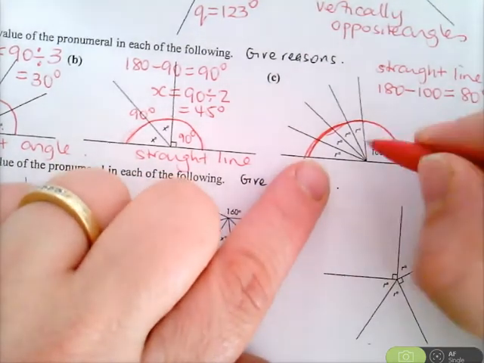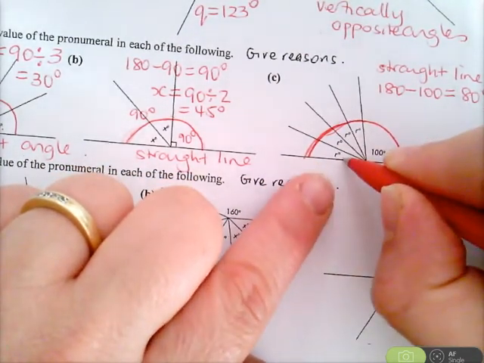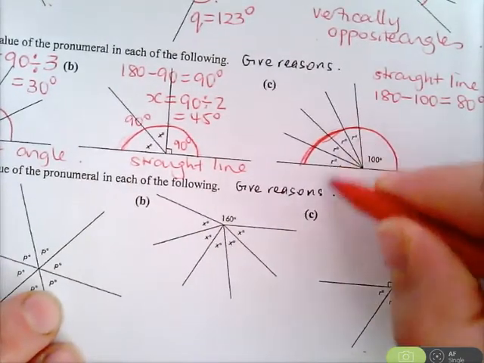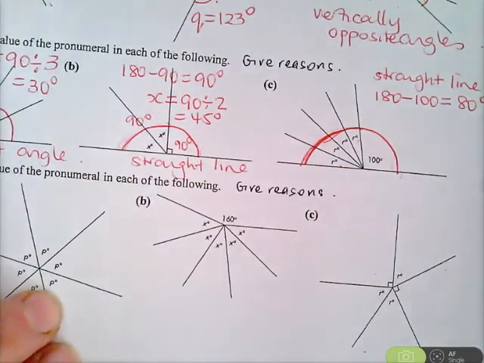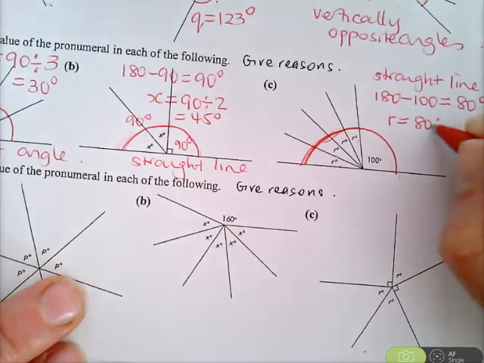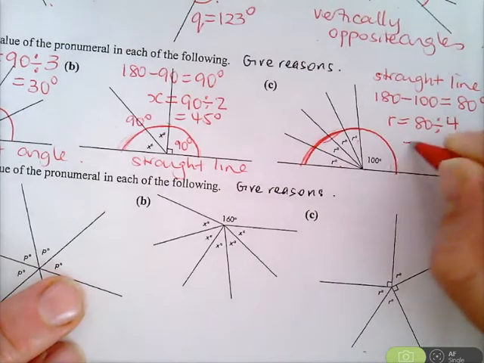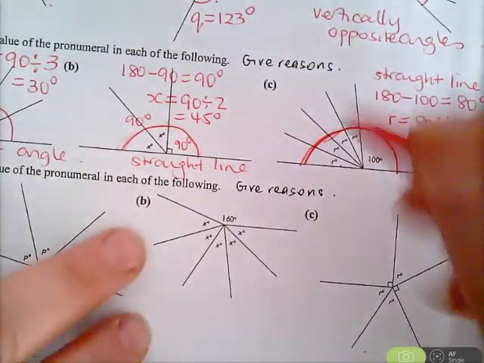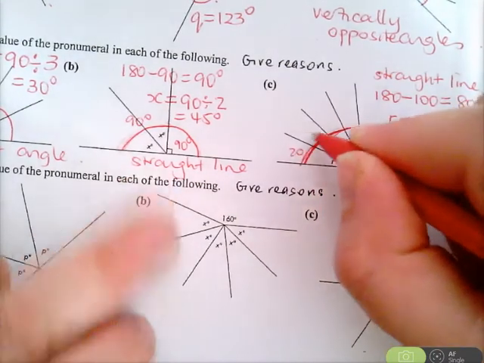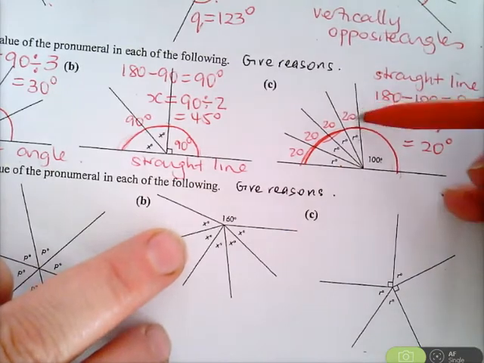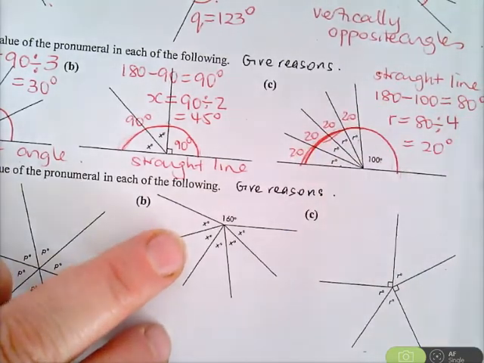Now there are 1, 2, 3, 4 parts that make up the 80, and they're all the same size because they're all called the same pronumeral or letter. So R is, one of those R's will be 80 divided into 4 parts, which is 20 degrees. So the value of each of these pronumerals is 20. So if I write those in, 20, 20, 20, 20, I've got 100 and 20, 40, 60, 180.